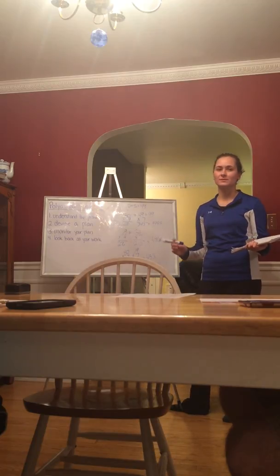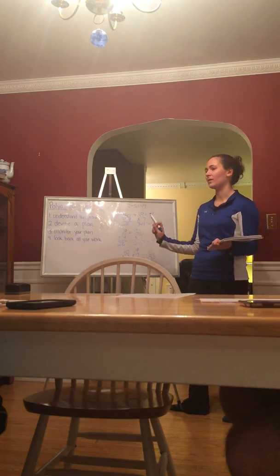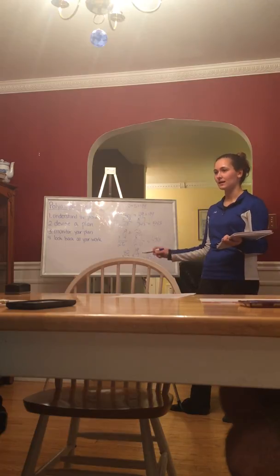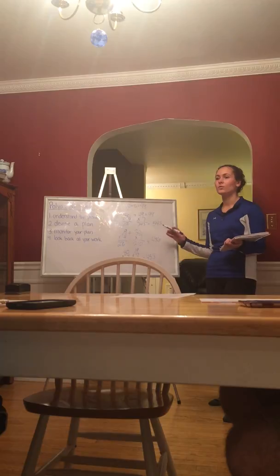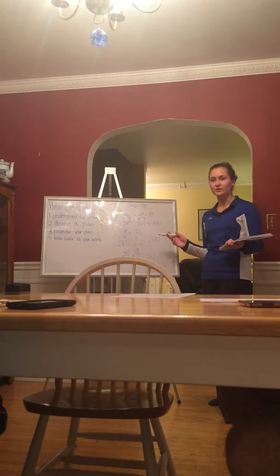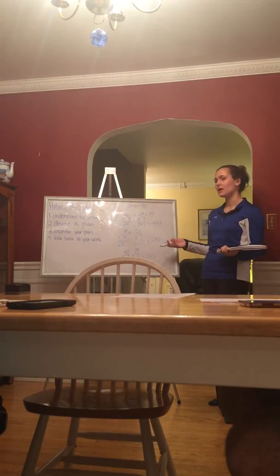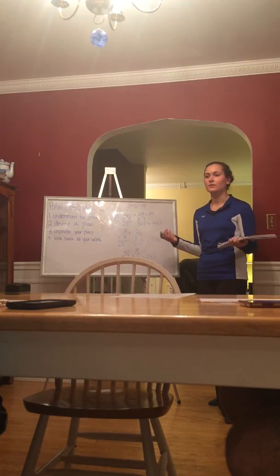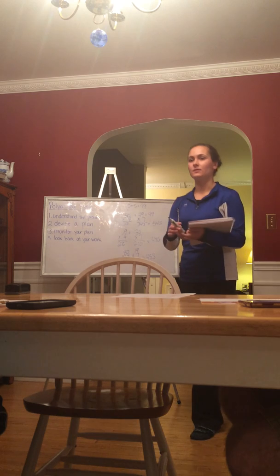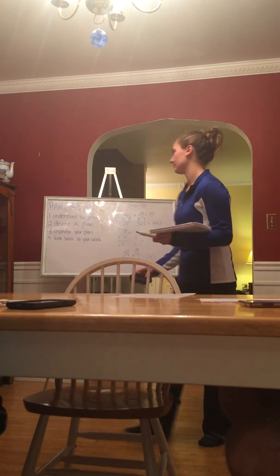We're so close. We just need to adjust it a little bit more and we get the answer. Does everyone see how this process works just as well as the algebra? It's a little more tedious, but it's another way to find the answer without using the algebraic equation.